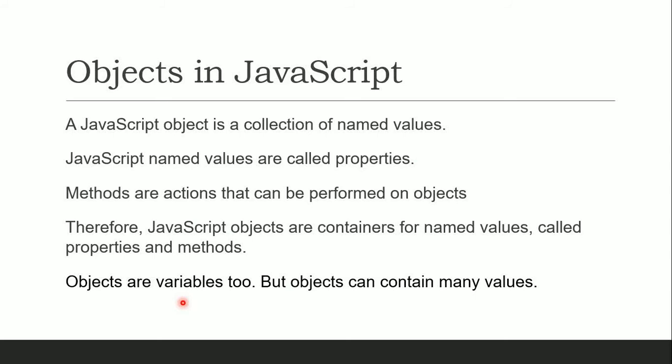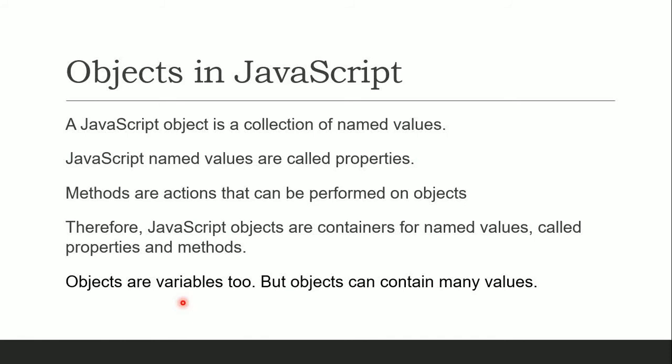So I would want to say that objects are just like variables, only that they are a special type of variables which have got properties, meaning you are able to store a value with associated properties which have got values again. Which is very, very powerful.